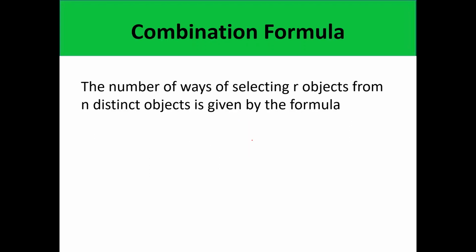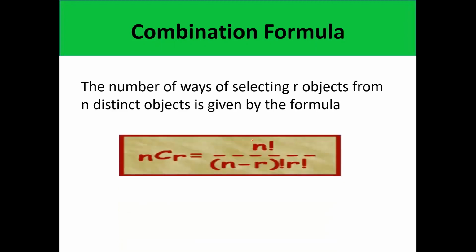The combination formula is given as NCR, or is read as N combination R, and its formula is N factorial divided by the quantity of N minus R factorial multiplied by R factorial. This is the number of ways of selecting R objects from N distinct objects.